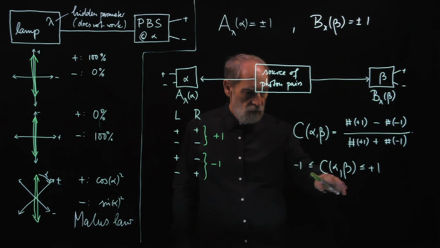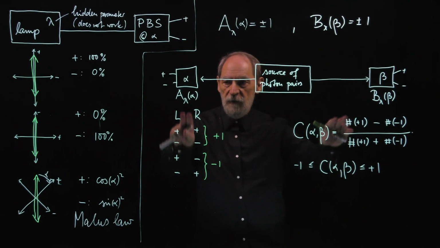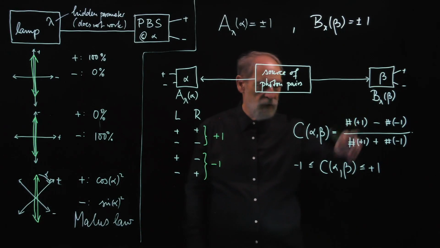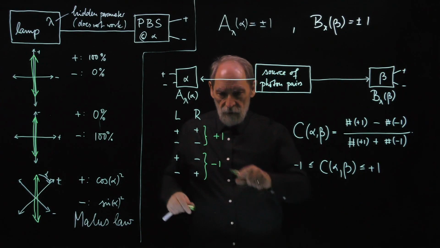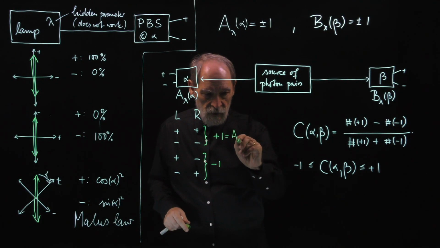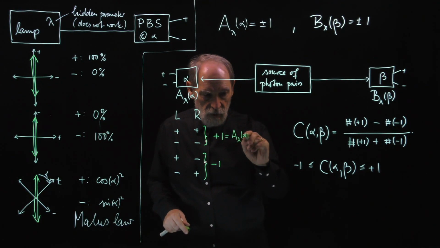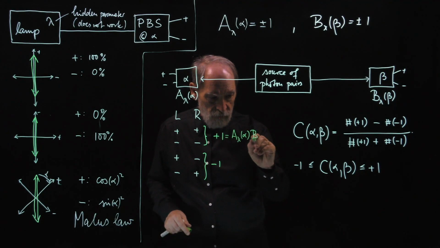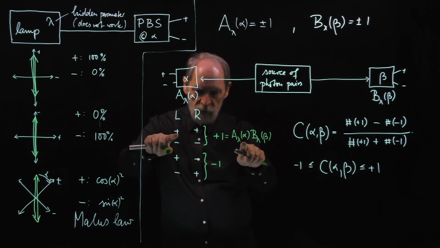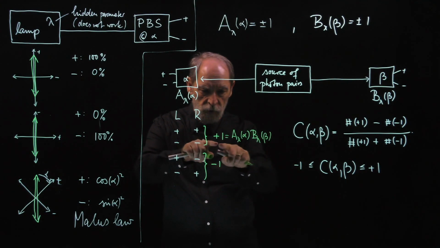So now let's see how we get this number from these ingredients, the A(lambda, alpha) and the B(lambda, beta). Well, the values that we see here, these are just the products of the A value and the B value. So A equals +1, B equals +1, the product is +1.